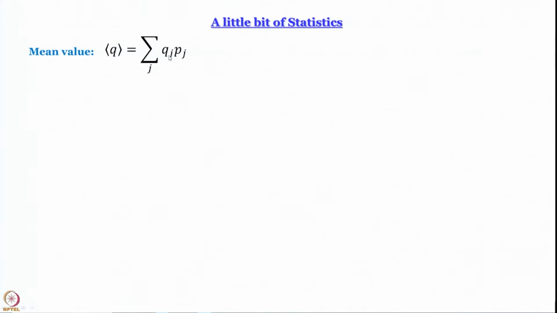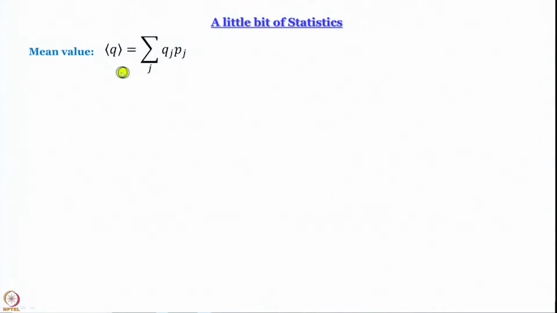Probability, if we might remember, is nj divided by the sum over j of nj, where nj is the number of occurrences of the jth event, and the sum over j of nj is the total number of measurements. So, the average value, q in angular brackets, is equal to the sum over j of qj multiplied by pj.